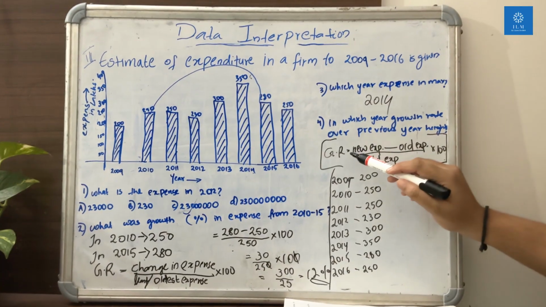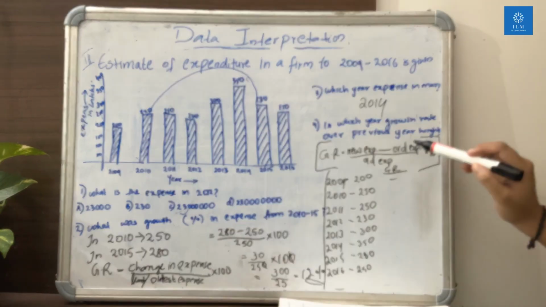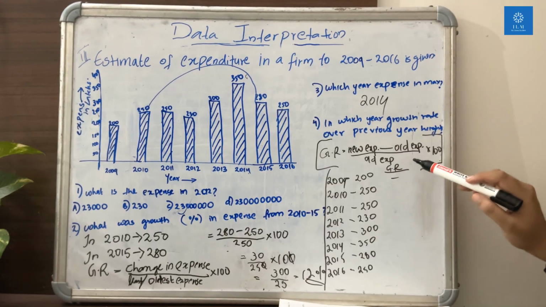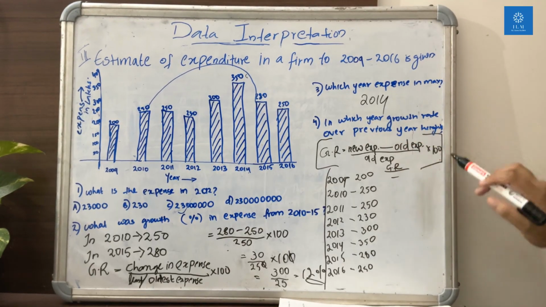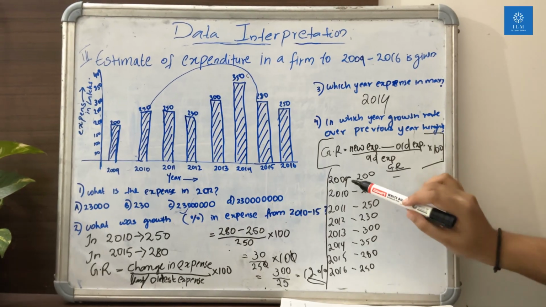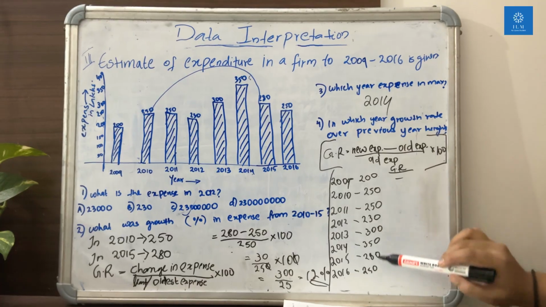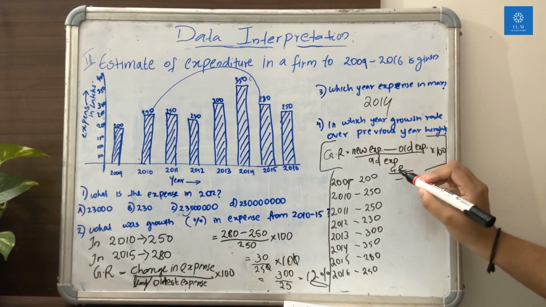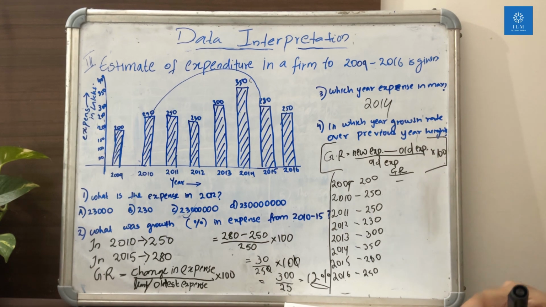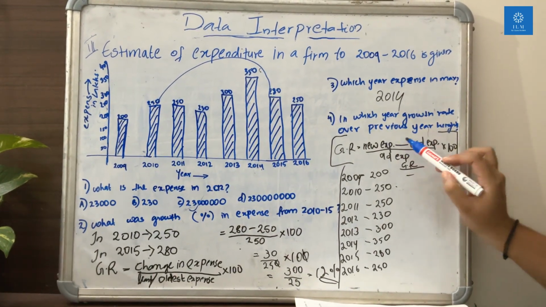So growth rate, to find that, we have to use the equation again, new expenditure minus old expenditure by old expenditure or least expenditure into 100. So that is the formula. So we are writing here all the years and all the expenditure from 2009 to 2016. It is 200, 250, 250, so on and so forth. So to find the growth rate, that is new expenditure minus old expenditure. So that is new expense minus old expense by old expense.